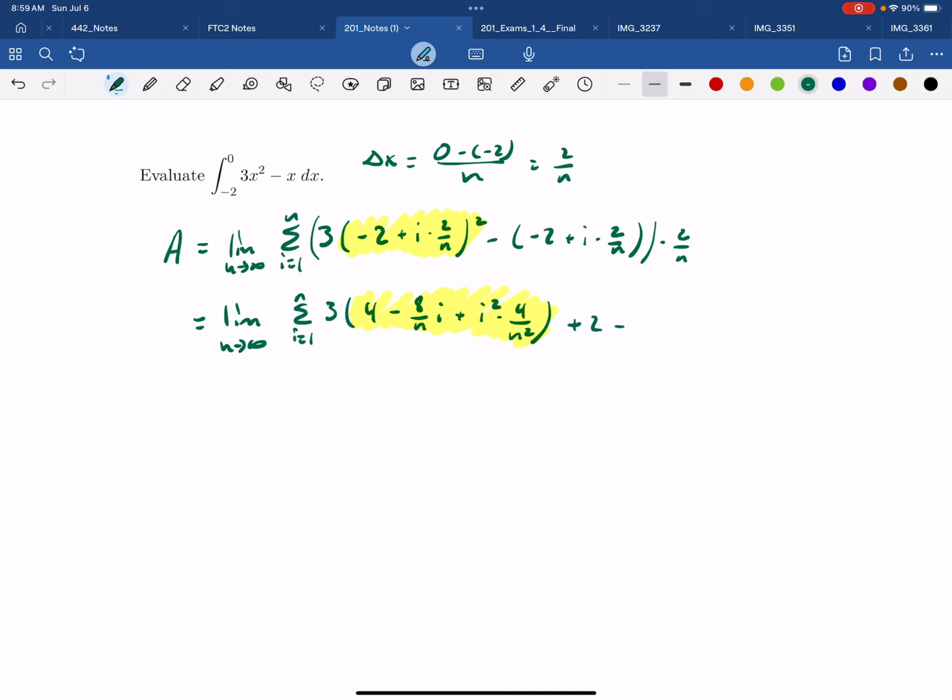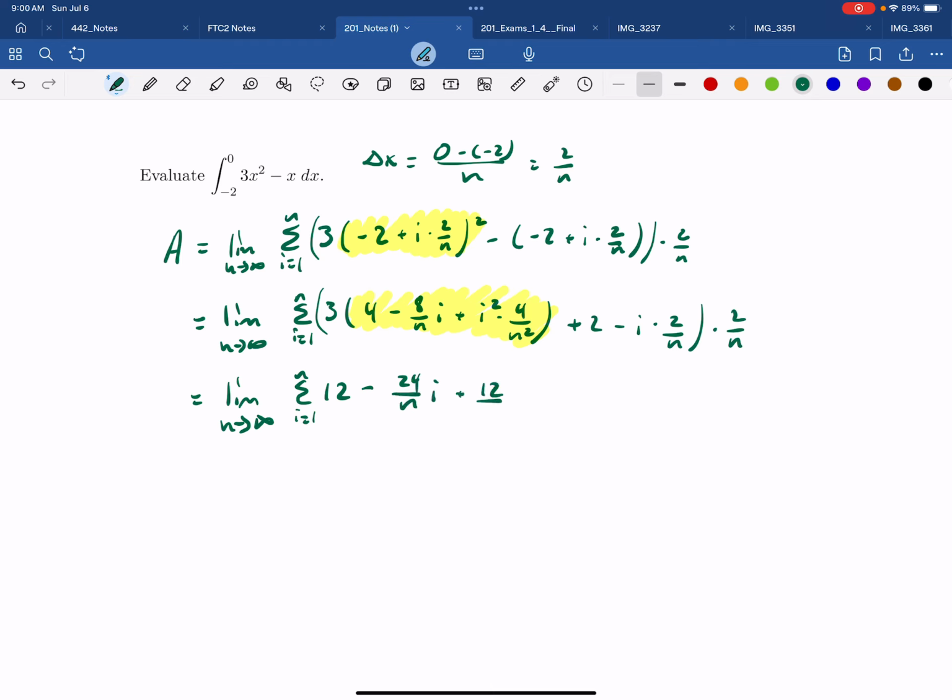And then there's going to be plus 2 minus i, times 2 over n. And then this is all times 2 over n. Okay? So when we do this out, multiply through by that 3, we wind up getting a whole bunch of stuff, right? 12 minus, I'll make this 24 over n i plus, I'll put the 4 over n squared in front of the i squared.